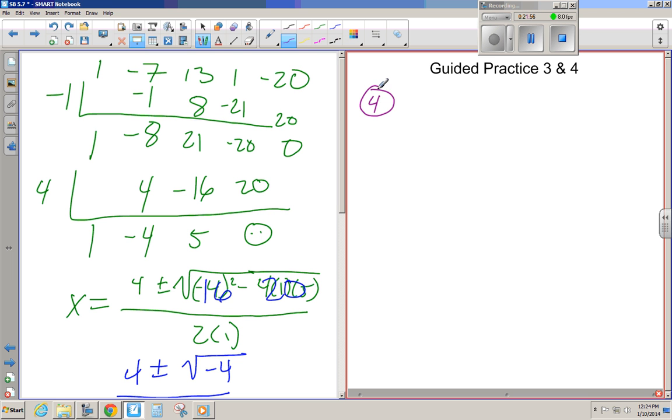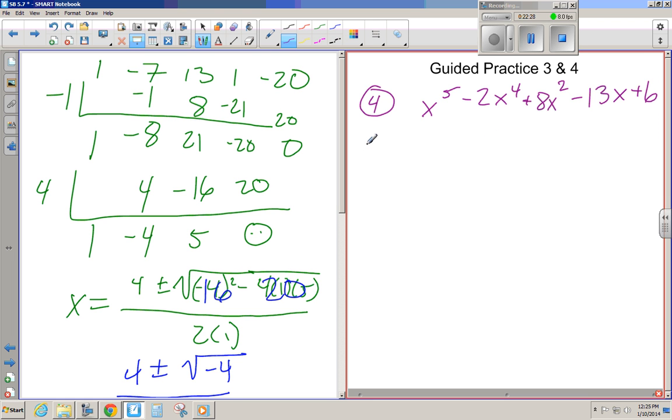All right, I'm going to do number 4 because number 3 gives you nice zeros. Number 4 is x to the 5th, which means 5 zeros. 2x to the 4th plus 8x squared plus 6.